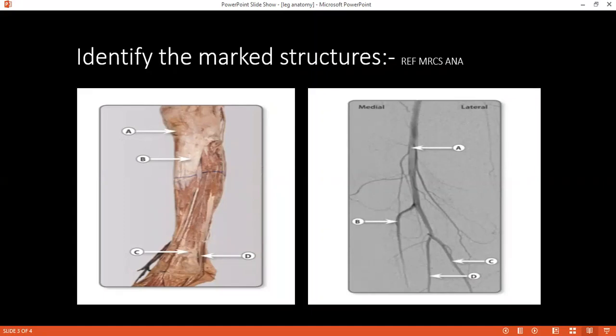Can you look at the right hand side image and tell me if you can identify structures A to D? If you can tell me what A is, and then B, C, and D. You can have help of your friends because time is gone. They can help you if they want.